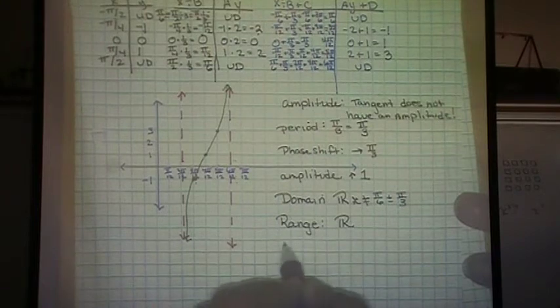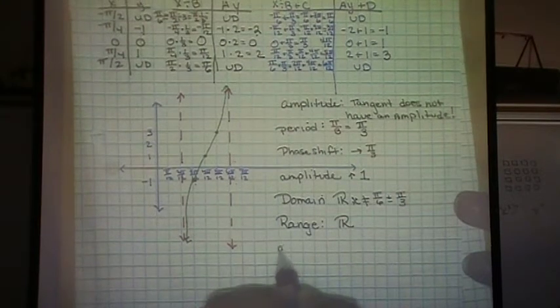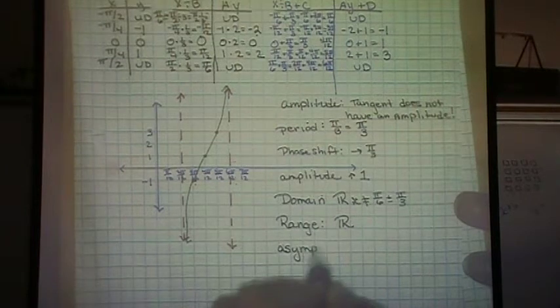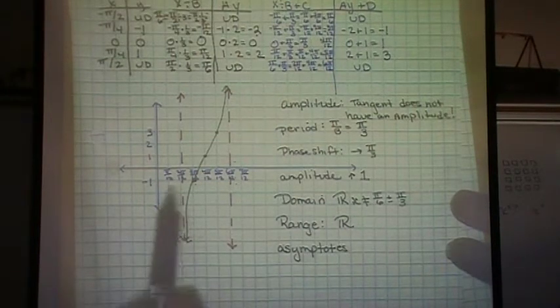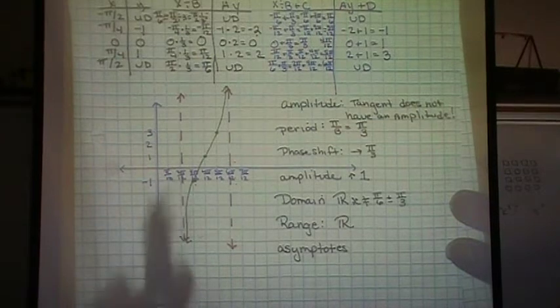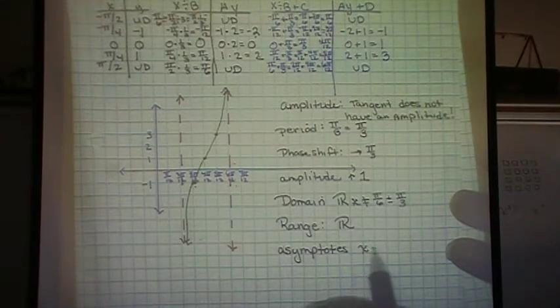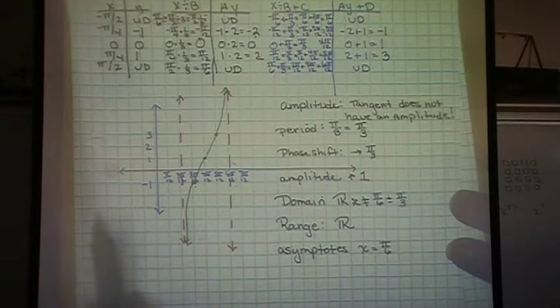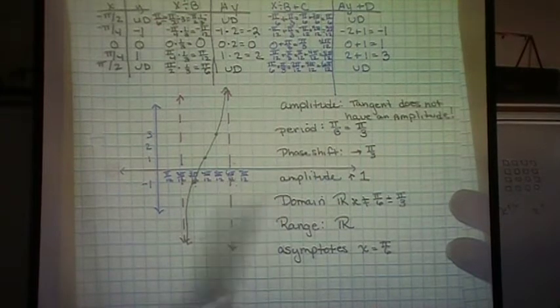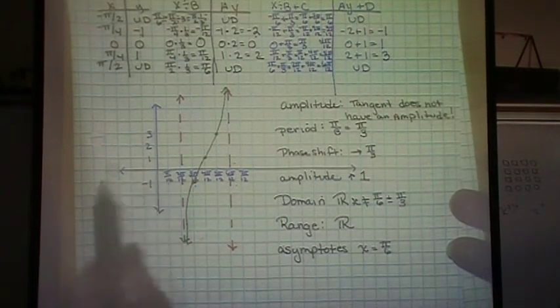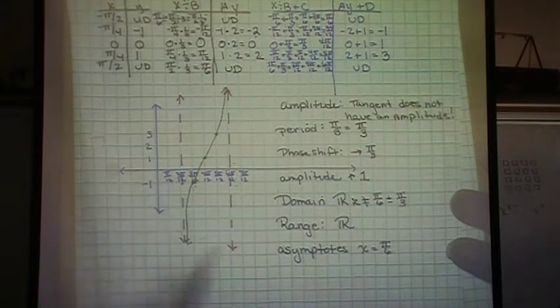And the last thing is asymptotes. My first asymptote is at pi over 6, so x is equal to pi over 6. But then it repeats itself every period. And you have to also remember it goes in the other direction. We could have gone clockwise around our circle.